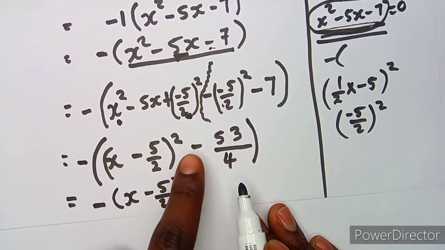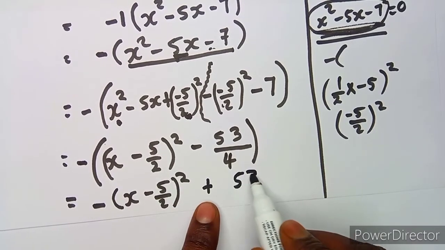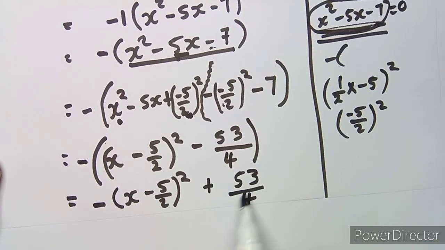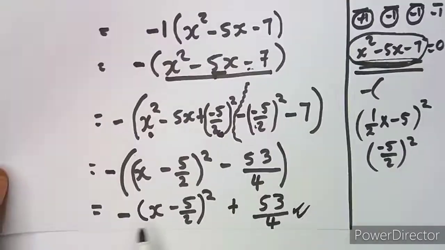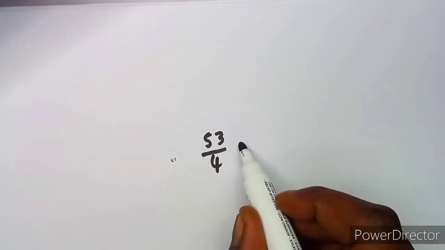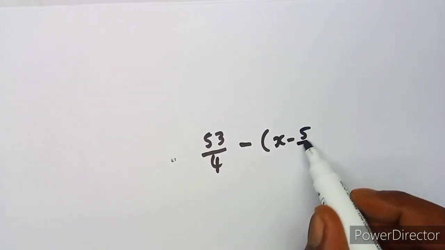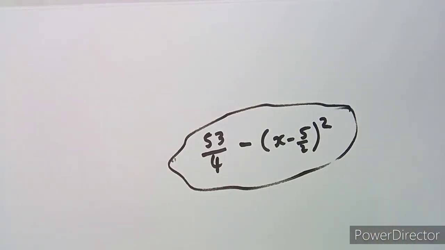But when this minus multiplies minus 53 over 4, minus and minus is now a plus, which is 53 over 4. Since this is positive, you can start by writing the positive 53 over 4. Then you end with the negative, which is minus the bracket of x minus 5 over 2 squared. So you have completed the square.